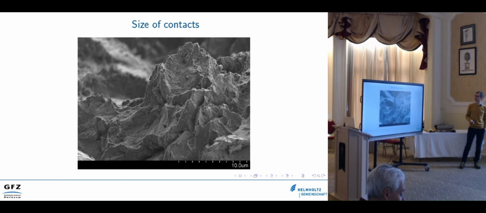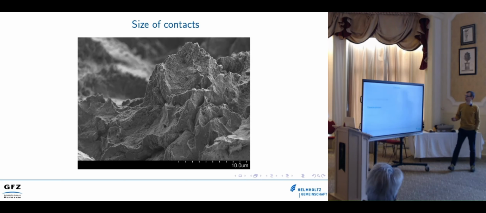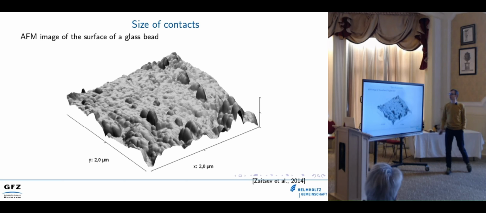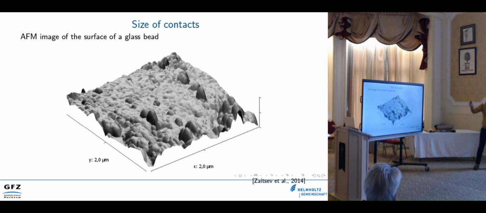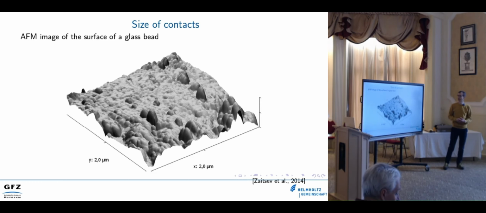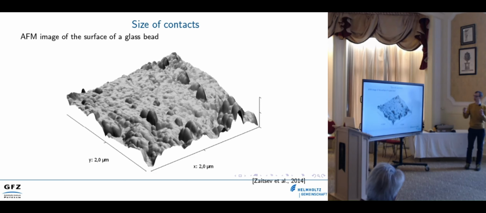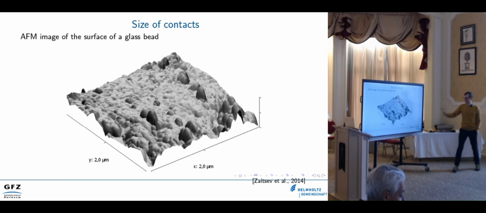in between these grains. This is an atomic force microscope image of a glass bead that is often used in experiments on nonlinearity in granular materials. And you see that also on a glass surface, which is supposed to be very flat and smooth, we have asperities of basically any size, down to the atomic level.